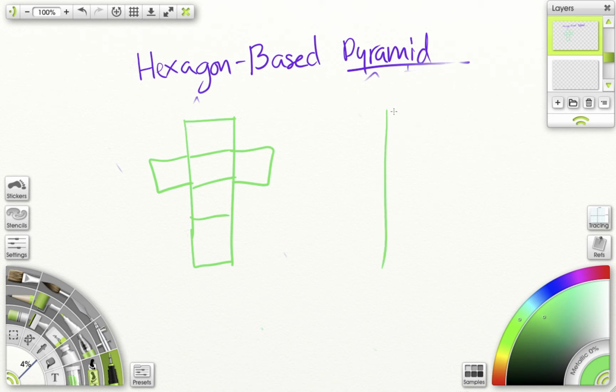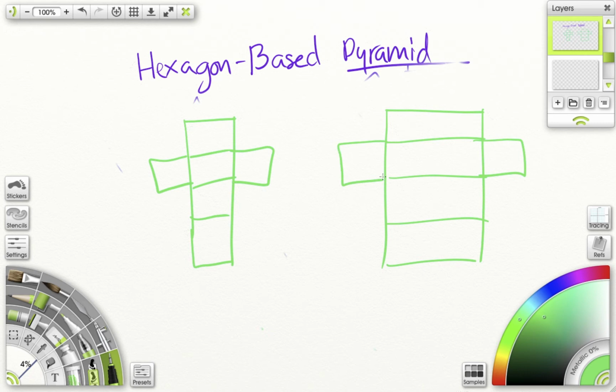A rectangular prism would look something like this, where it has 6 rectangles, except this time there are rectangles involved rather than only squares. So that's one way we can tell them apart.